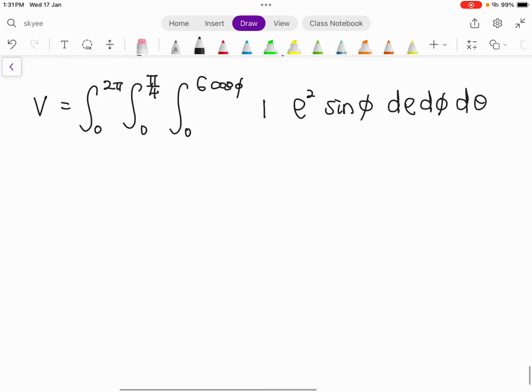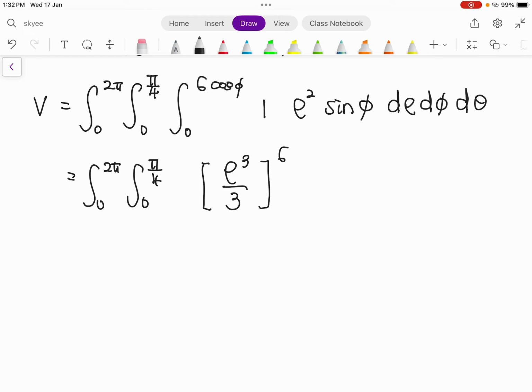We are going to solve this now. The first integral we have to solve manually, because we have a variable in the limit. It becomes rho cubed over 3, and you replace 6 cos phi and 0 into it, with sine phi d phi d theta.